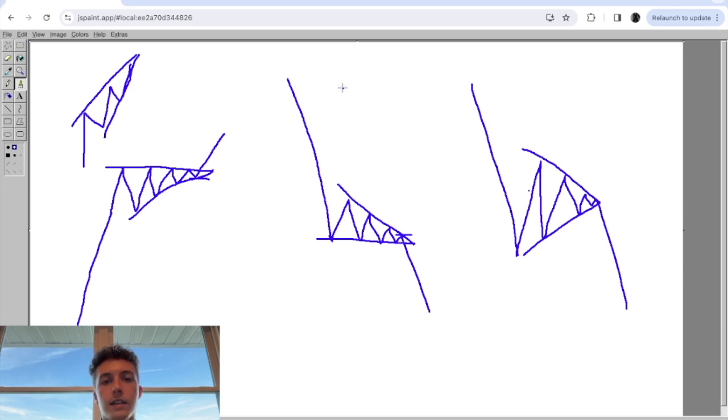This, once again, descending wedge is going to create overextension in the move to the downside, where you're generally going to have to see price retrace, just like this. So, yeah, I hope these all made sense.